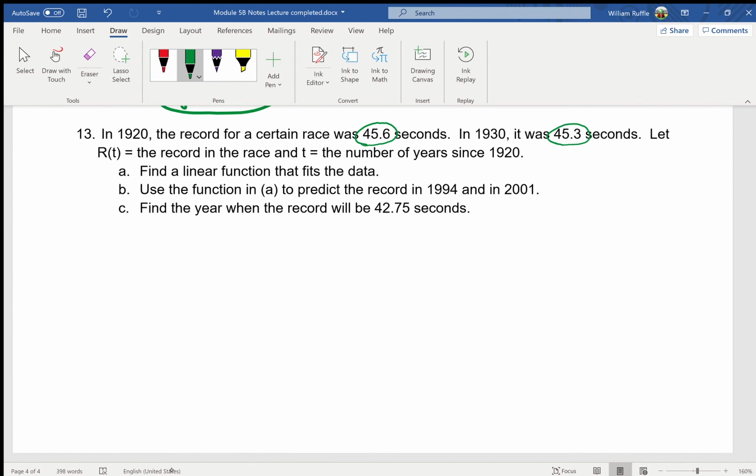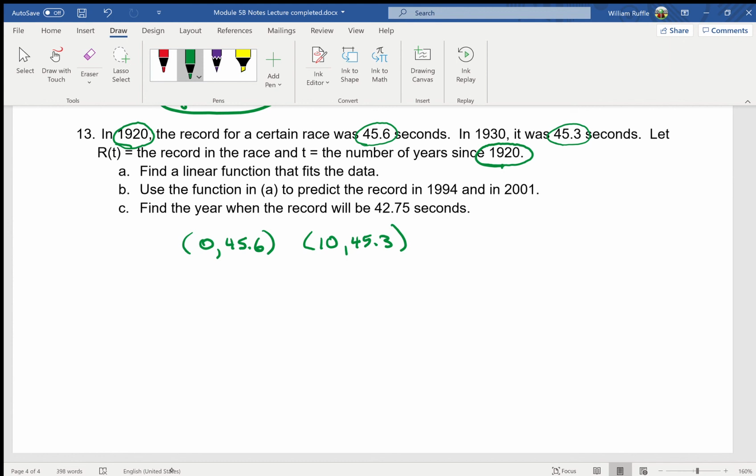So when I do this, for my first point, remember, it's the number of years since 1920. So in 1920, no years have passed, so that's really a 0, 45.6. So once I see that x equals 0, this is the y-intercept, so that is very helpful. So in 1930, well, that's 10 years have passed, so that's 10, 45.3.